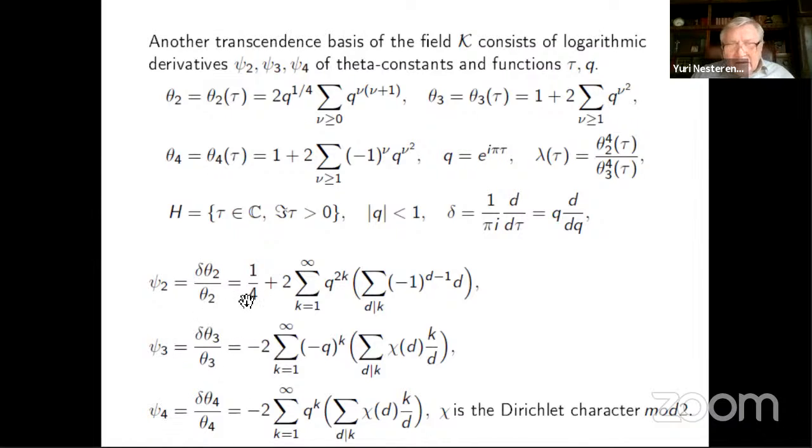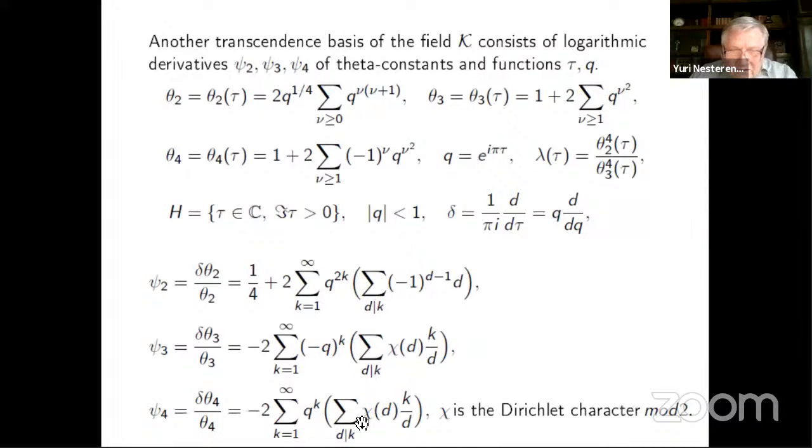It is possible to expand these functions in Fourier series, and we have excellent coefficients. They are integer numbers. In these two cases, chi is a Dirichlet character modulo 2, so it equals 0 or 1, and the summation is over divisors of k.